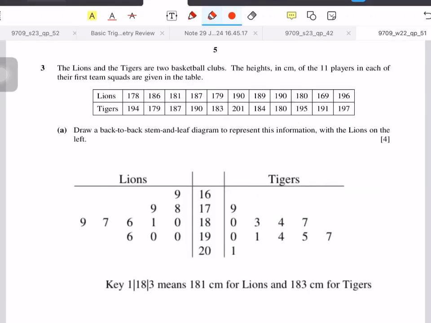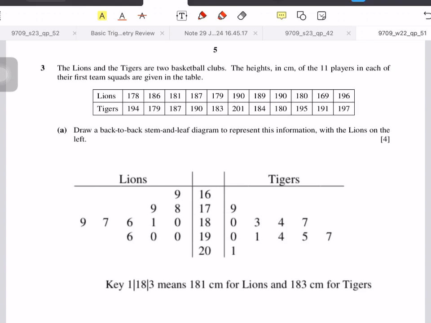Question 3. The Lions and the Tigers are two basketball clubs. The heights in centimeters of the 11 players in each of their first team squads are given in the table. A. Draw a back-to-back stem and leaf diagram to represent this information with Lions on the left.